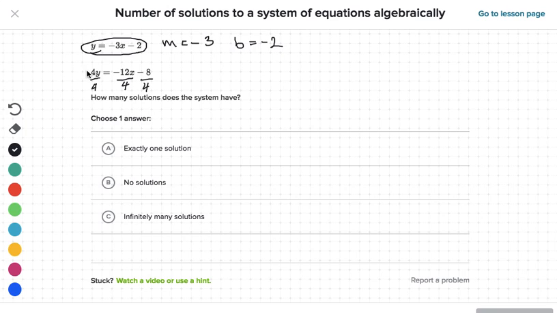So our slope, negative 12 over 4, is of course negative 3. And our y-intercept, negative 8 over 4, is also negative 2. So we can see here the slope is the same and the y-intercept is the same, so there are infinitely many solutions because these two lines are exactly the same line.